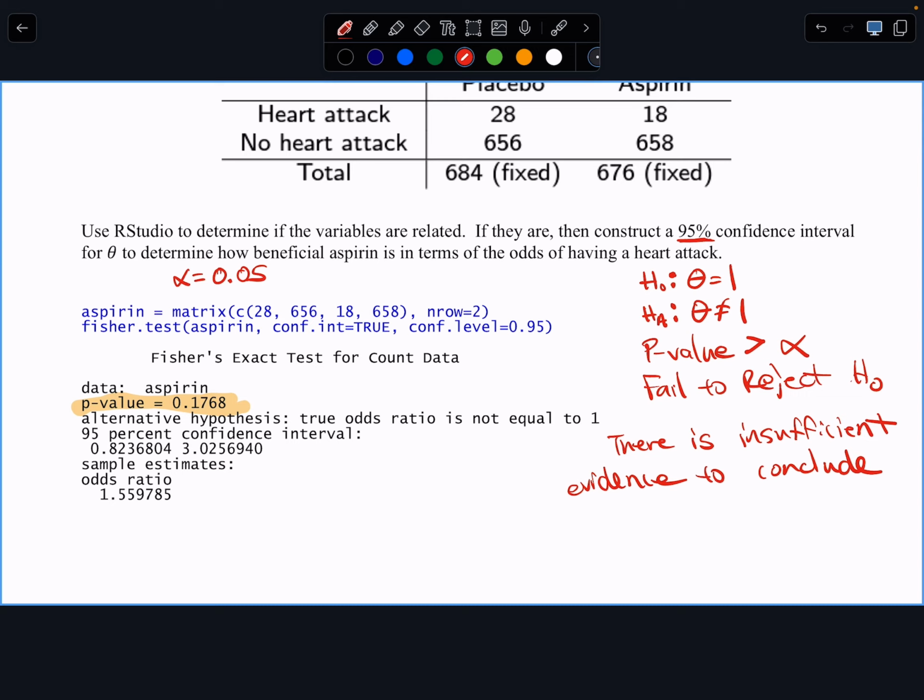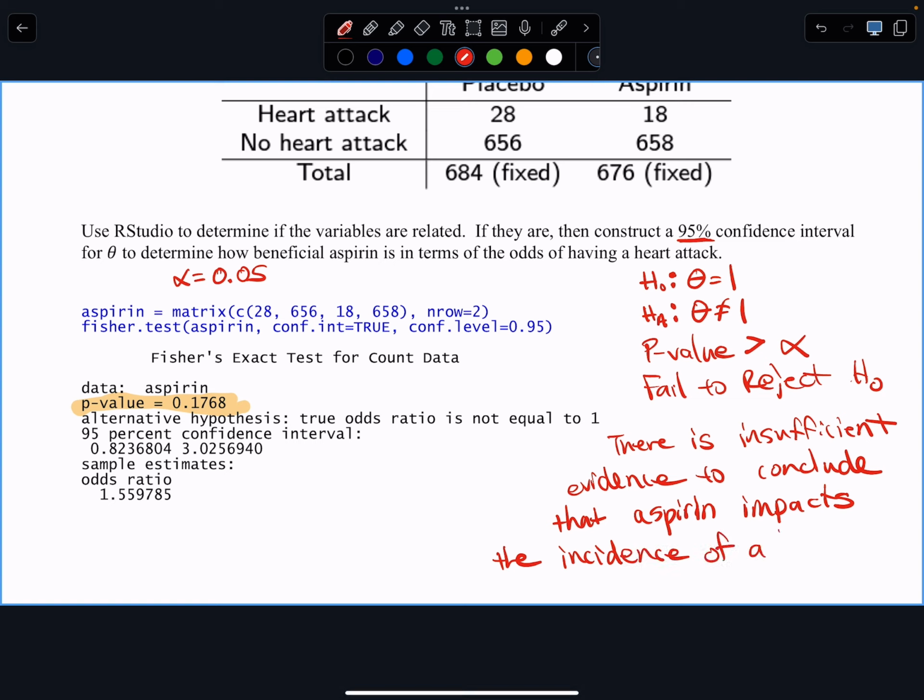There is insufficient evidence to conclude that aspirin impacts or affects an individual's incidence of a heart attack. If you were just to say that the variables are related, that is perfectly fine, right? But this is what we're really trying to get at in this study.